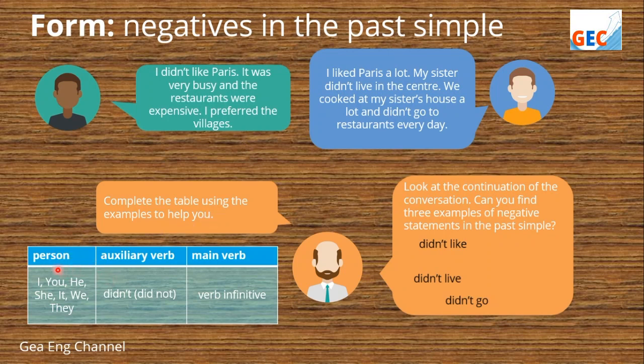So here we have the person: I, you, he, she, it, we, and they. This is considered the subject, and then the auxiliary verb didn't or did not plus the verb infinitive.